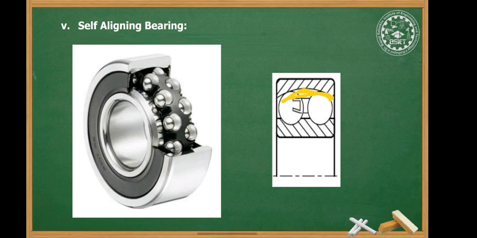So it can withstand small amount of angular misalignment and permit sharp deflections within 2 to 3 degree. These are externally and internally self-aligning bearings. Such type of bearings are used in agricultural machinery, ventilators and railway axle boxes.